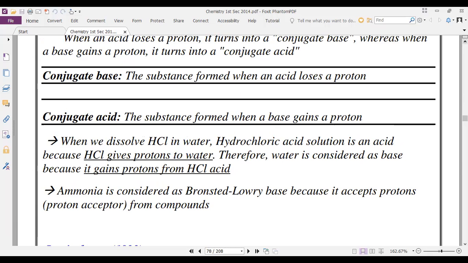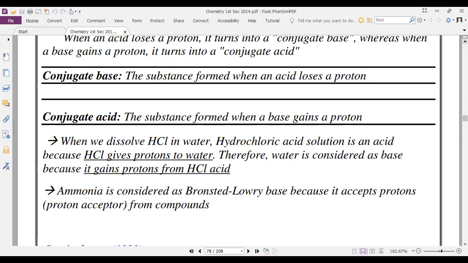Because HCl loses a proton, so HCl must be acid and change into conjugate base, while water in this case will be base, because it gains a proton from HCl, right?